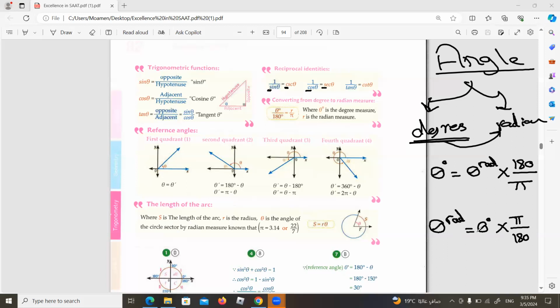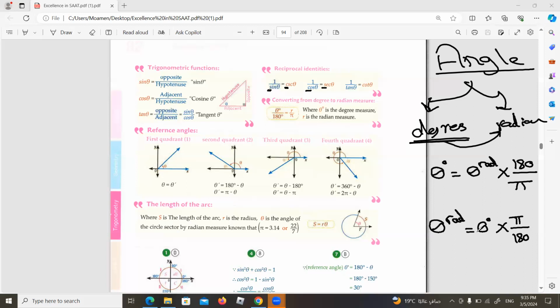We don't calculate it. So this is the way to convert between degrees and radian. If we need to find the degree measure, I take the radian measure and multiply it by 180 over pi. For radian, multiply by pi over 180.